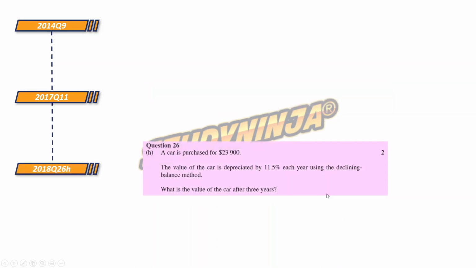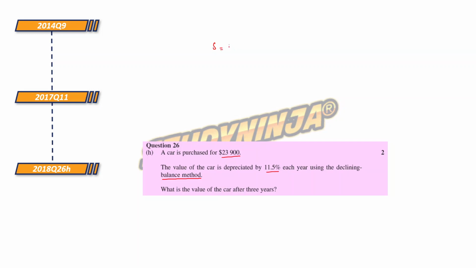Moving along, 2018 question 26H. You are told that a car is purchased for 23,900 and the value of the car is depreciated by 11.5% using the declining balance method. So what is the value of the car after 3 years? We'll apply the formula first to calculate the salvage value after 3 years.